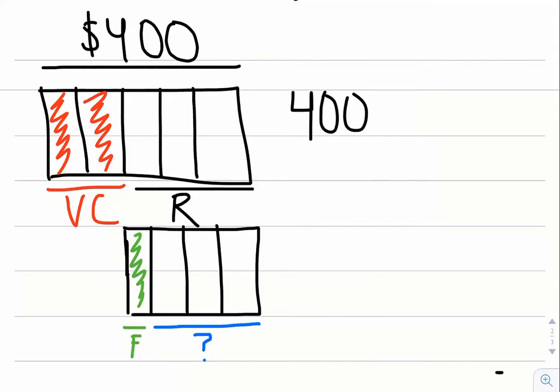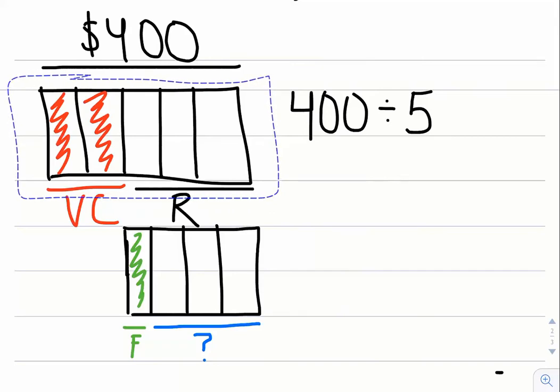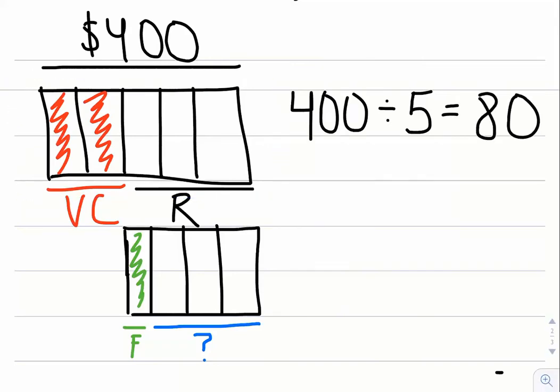Now, I need to know how much money he has left after he purchased the vacuum cleaner. I can do this by finding out the value of each unit. There are 5 total units in that first box here. Each unit has a value of 80.